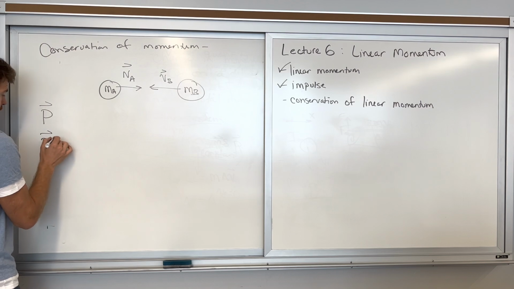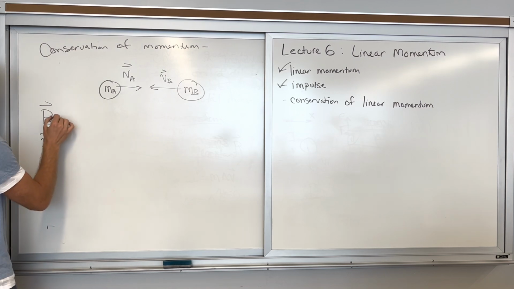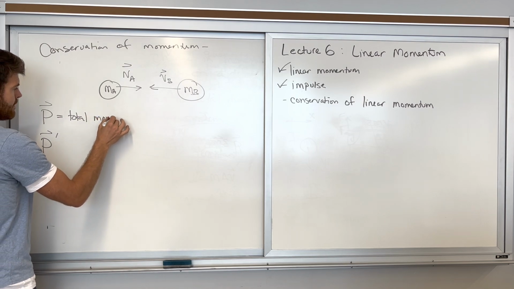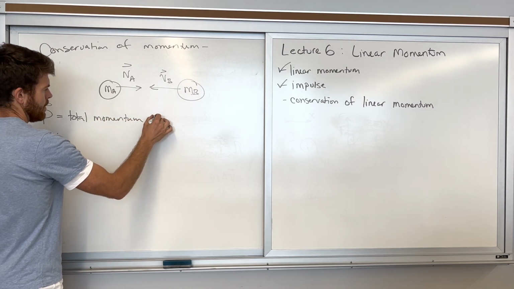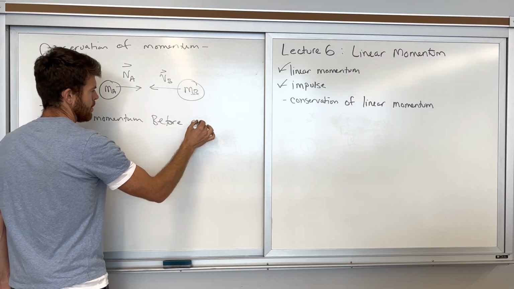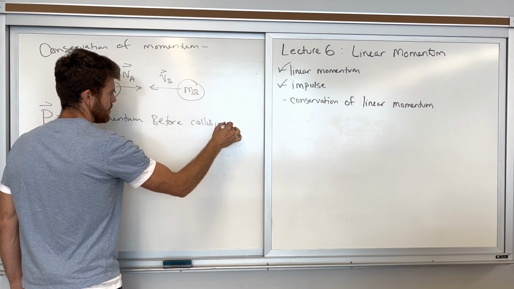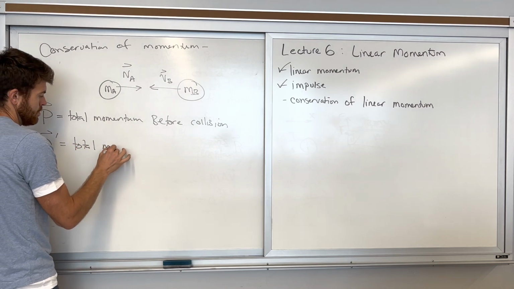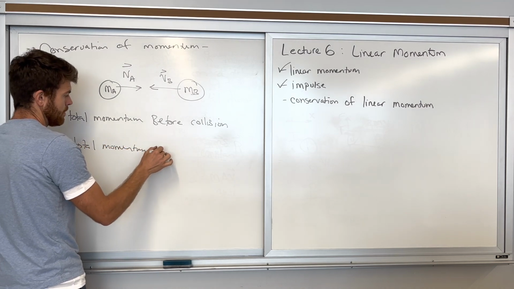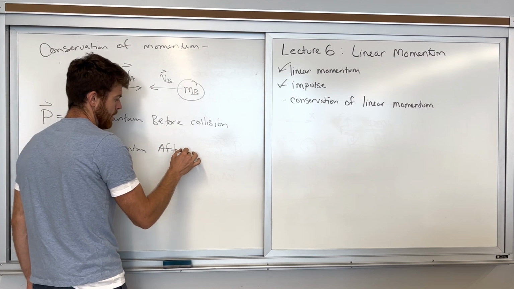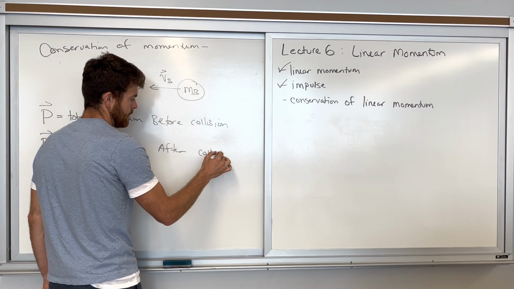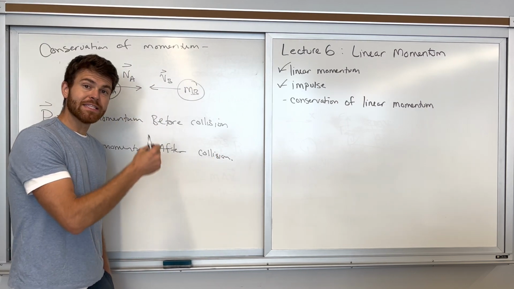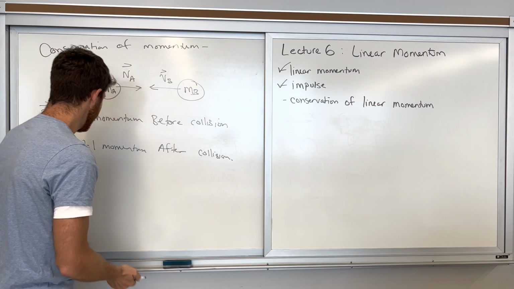I'm going to denote after a collision as P prime. This is total momentum before collision. P prime is total momentum after collision. Okay?